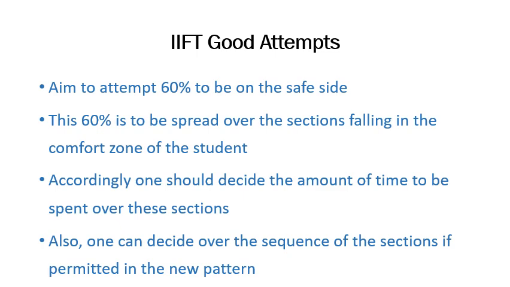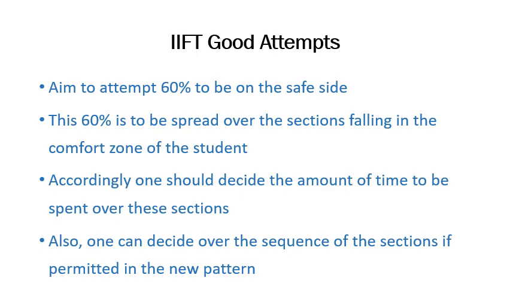Now let us talk about what is a good attempt for IIFT. One should try to attempt around 60% of the problems that come in the exam to be on the safe side. Now this 60% is to be spread over the sections falling in the comfort zone of the student.